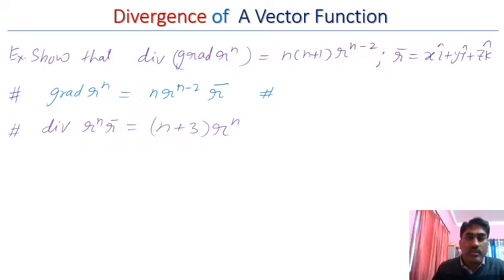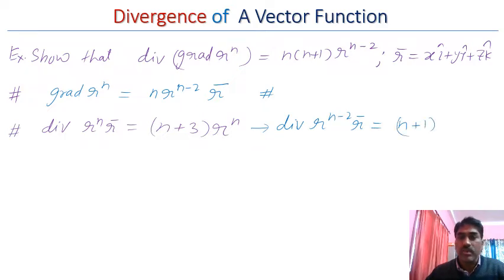This means you can write the divergence of r^(n-2) r by just replacing n by n minus 2, so this becomes (n plus 1) r^(n-2). This is just r^n r.